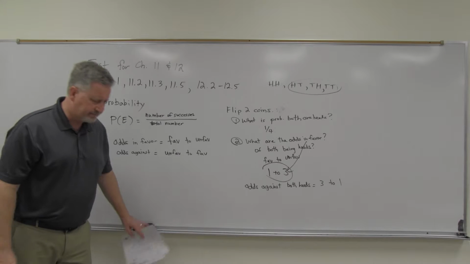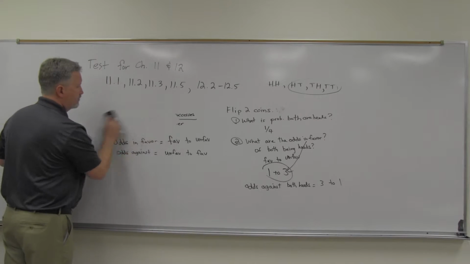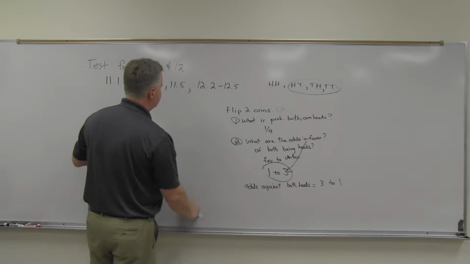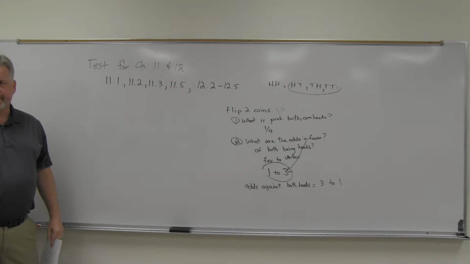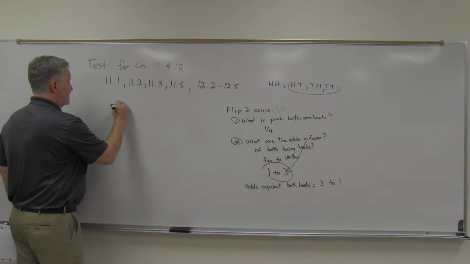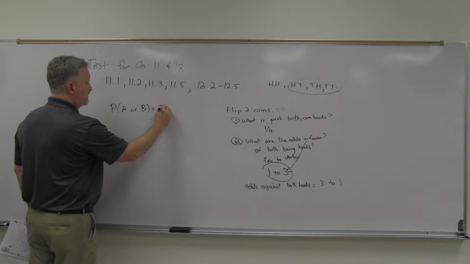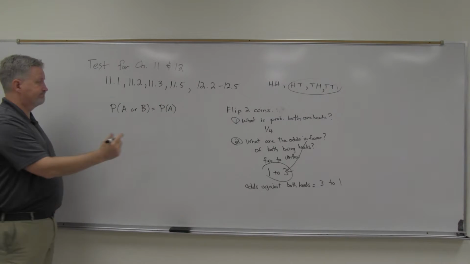11.2 and 11.3. Okay, that got a couple more formulas, equations, I guess, to remember. 11.2 was about or probabilities. So the probability of A or B, there was a formula. Remember, it was probability of A, or that word typically means addition.